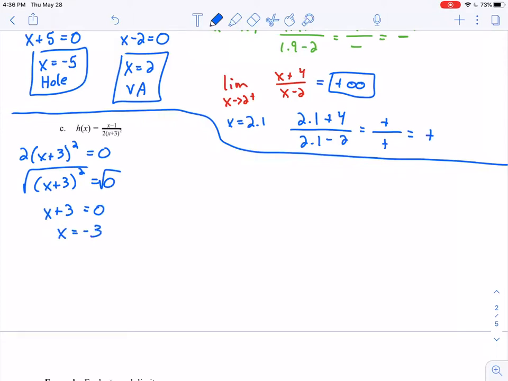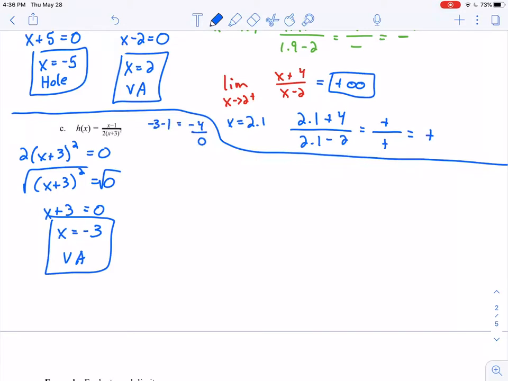It's x equals negative 3. And because that did not cancel, I know that this is the location of a vertical asymptote. If you're ever unsure, you can take that number and try plugging it back into your function. Here, I will end up with negative 3 minus 1 gives me negative 4 divided by 0.